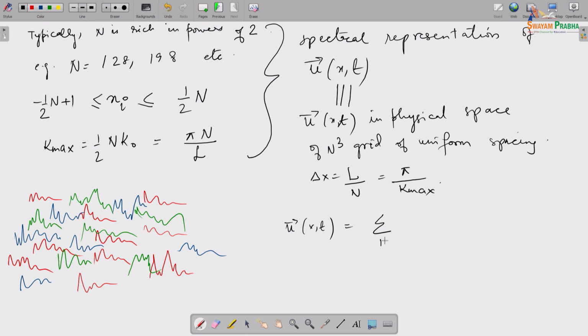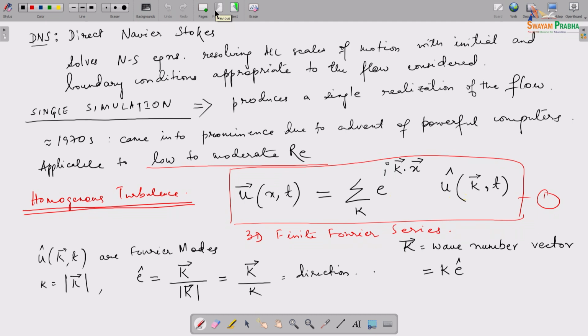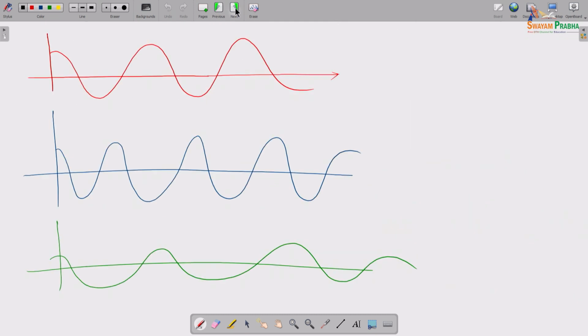We said something about k, e to the power i k x. This is what we represented right in the beginning. So what are we saying then?